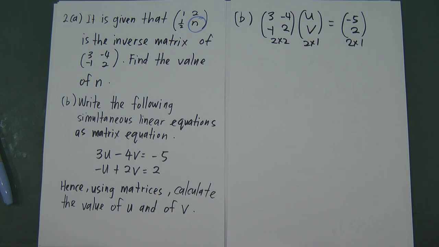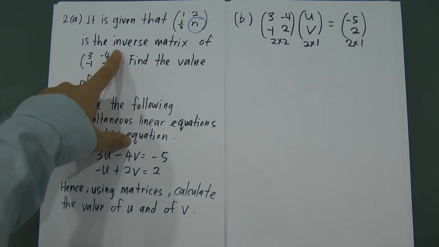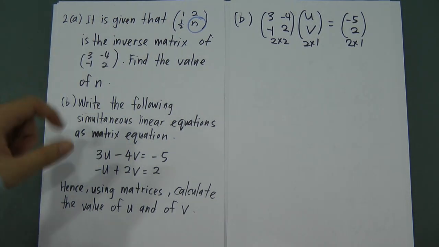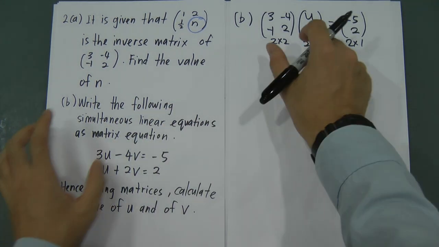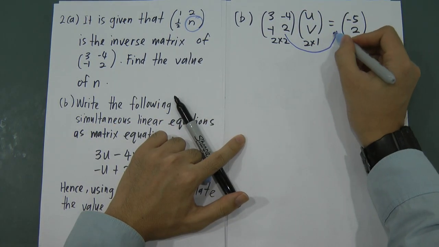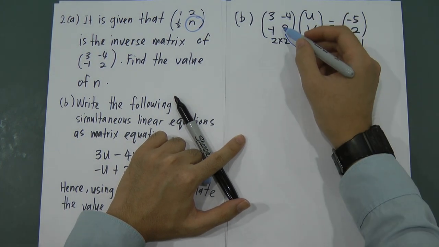Most of the time you can find that this matrix is exactly the same as the matrix given in part A, where you already found the inverse. Then in part B you do not need to find the inverse again, because when this matrix moves to the front of the other matrix, it has already changed to the inverse.